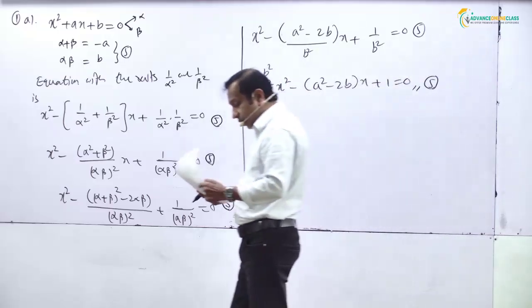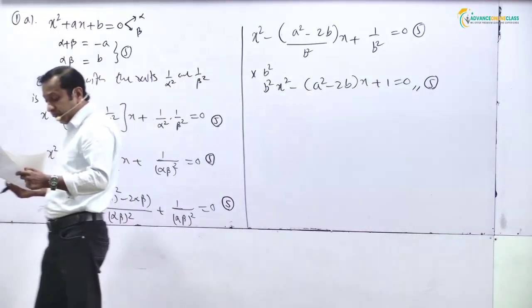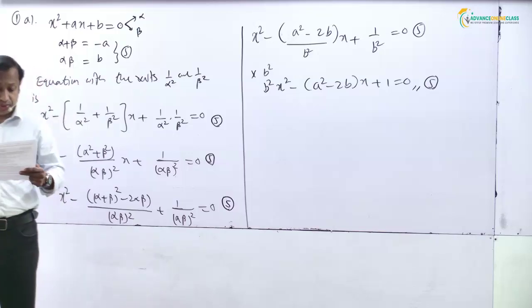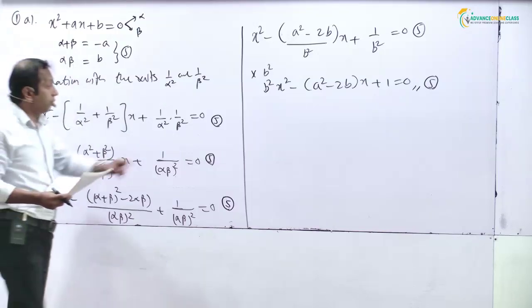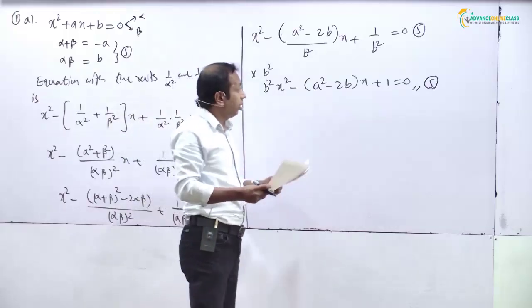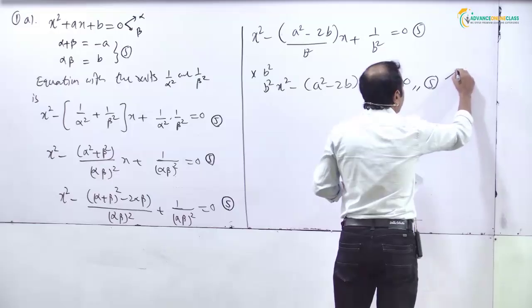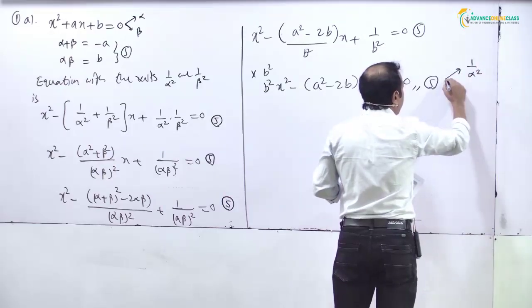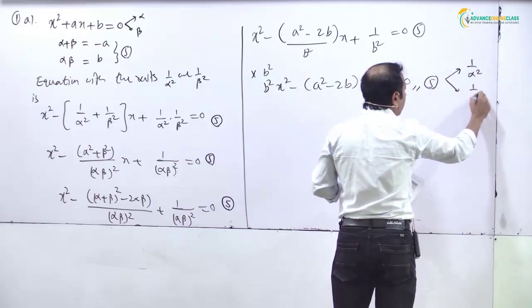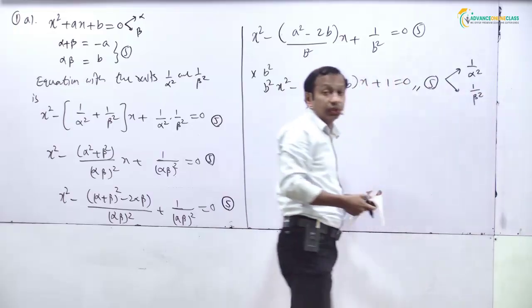Right. Now, next one I'm asking, hence deduce the quadratic equation. Hence means using this, right? You know, in this equation, one root is 1 over alpha squared, the other is 1 over beta squared. The two roots are these two.